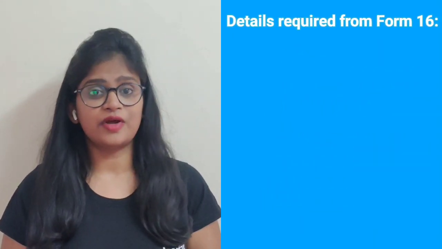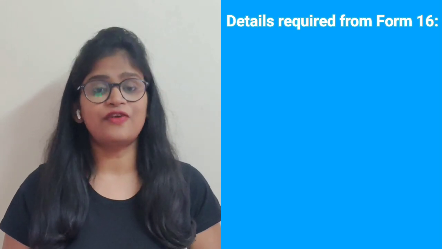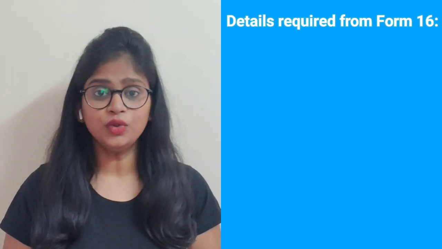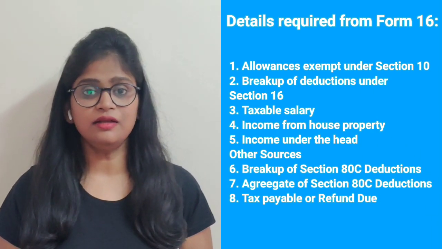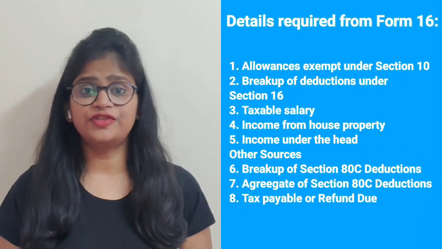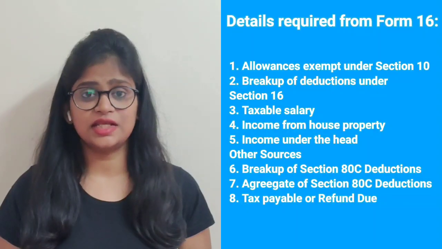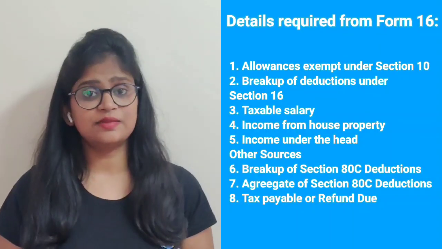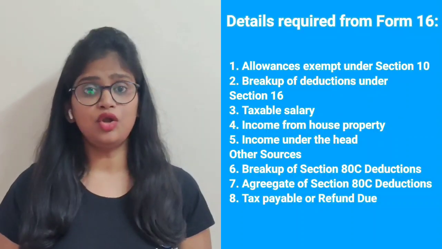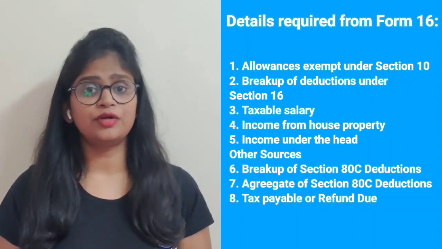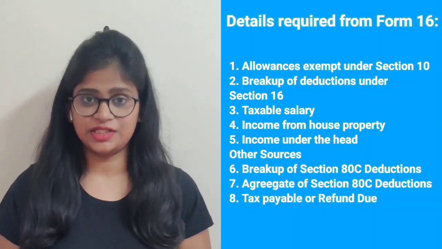Details you require from your Form 16 while filing your return include: Number 1, allowances exempt under Section 10. Number 2, breakup of deductions under Section 16. Number 3, taxable salary. Number 4, income or admissible loss from house property reported by the employee offered for TDS.